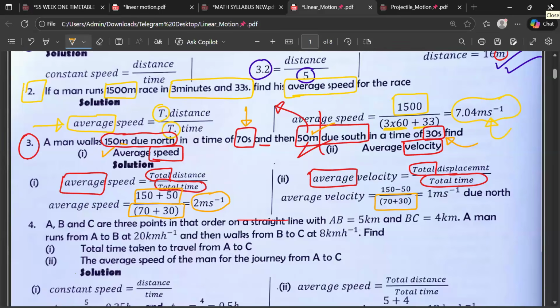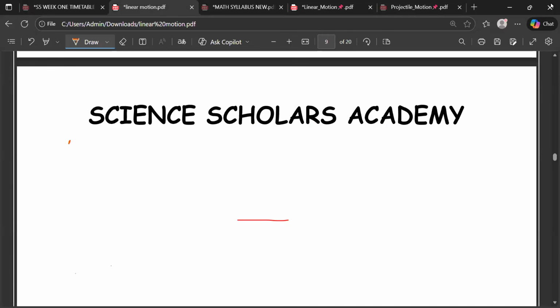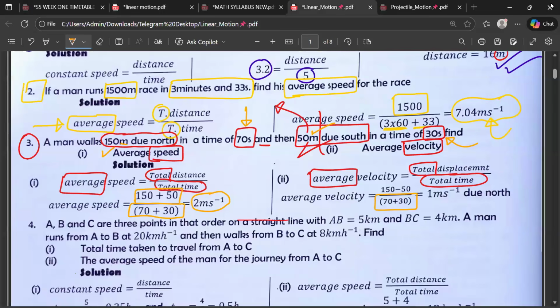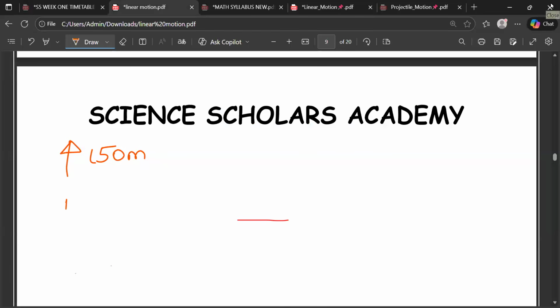So we go due north, 150 meters. Then they added 50 meters due south. This one was done for 70 seconds. This one was done for 30 seconds.